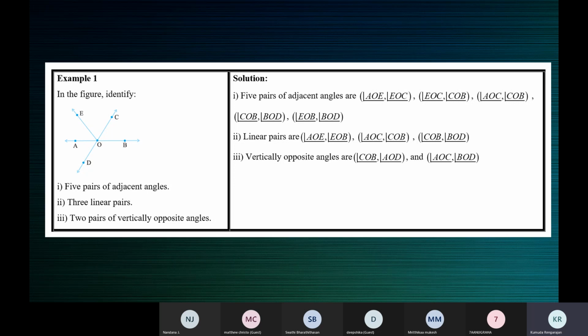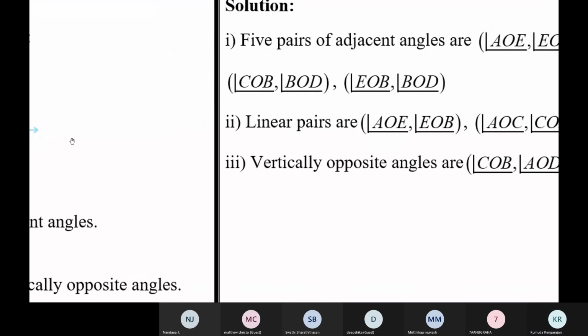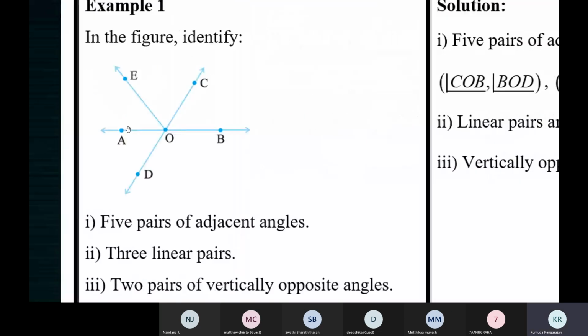Perfect. Points D, O, and C are collinear because they lie on the same straight line. Correct. And points A, O, B. Points A, O, and B are collinear points because they lie on the same straight line.